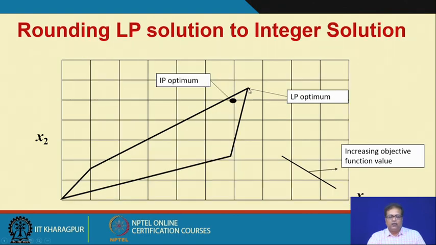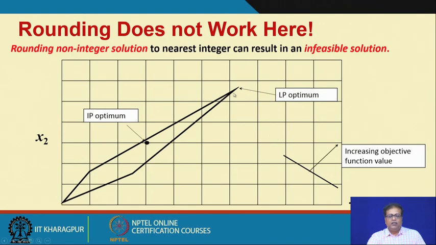Look, if you round off this, you get this, there is no problem. But here, if you round off this, you do not get this, right. So, it is not that rounding off works all the time, is all right.